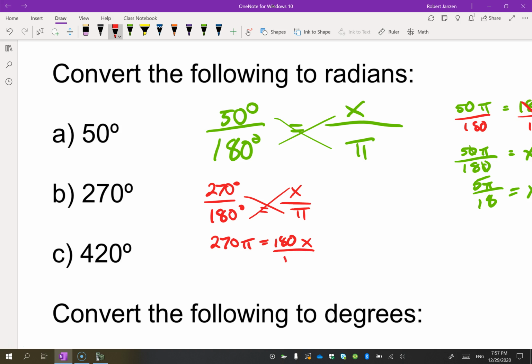If I divide by 180, I can leave it as 270 pi over 180, or I can reduce that, and it turns out that x is 3 pi over 2. Okay, that's the reduced fraction. Okay, let's skip that one, because it's just a ratio.